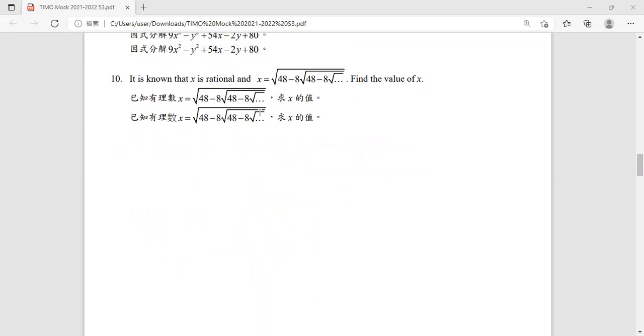This one should be some crazy method, but I think you can handle it. Now please consider the expression: square root of 48 minus x, and it's recurring. So you'll find out that this is x. So you will have x equal to the square root of 48 minus x.